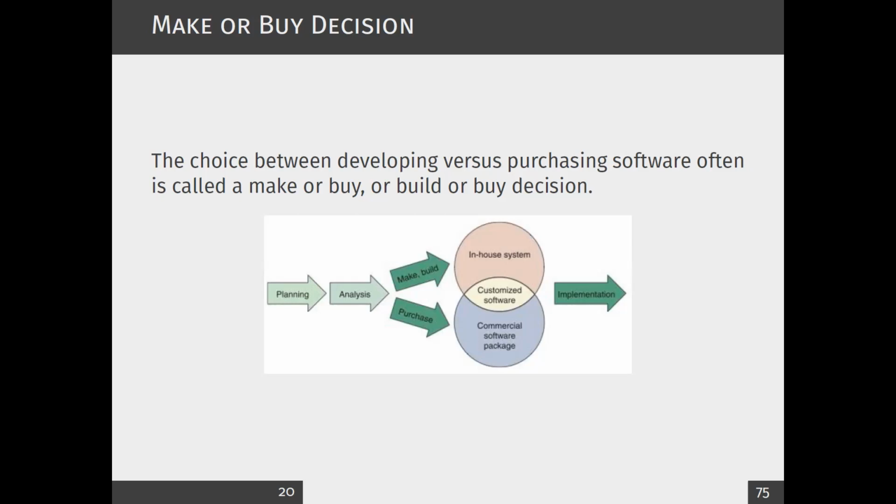If you are going to make and build, it will be in-house. If you're going to purchase, it will be a commercial software package. But ideally, what usually happens is we purchase a commercial software package and we customize it, which you will see here in the middle, right? And then after that, you are going to implement.